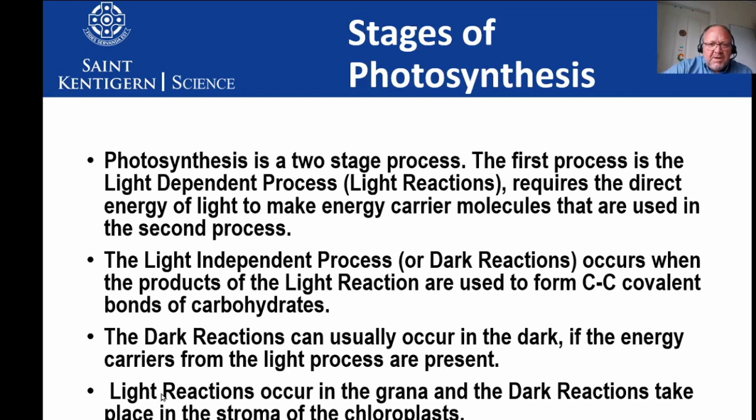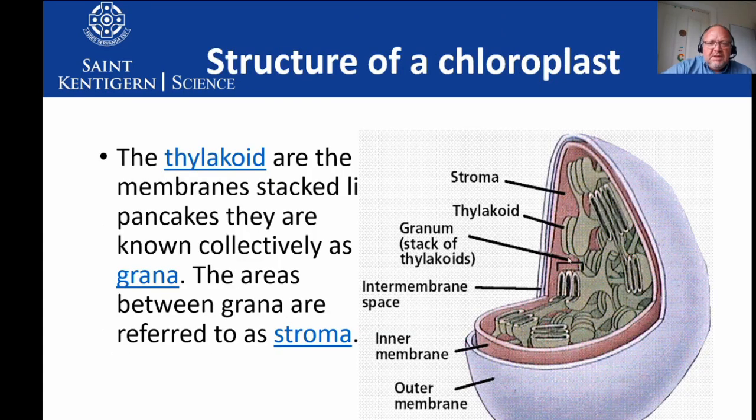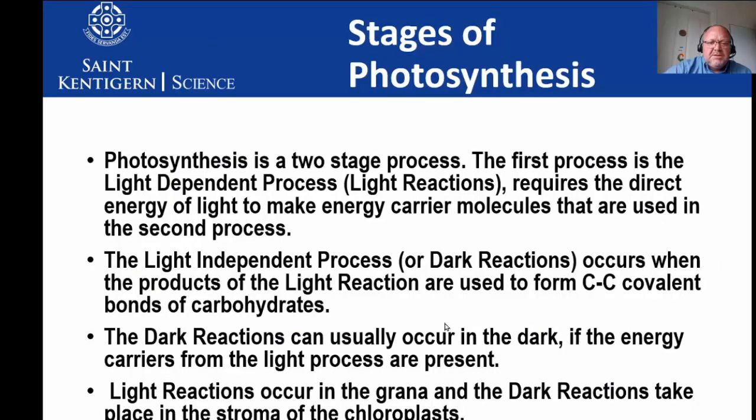Now the first step of photosynthesis, as we said, is the light dependent reaction. The light dependent reactions occur in the grana of the chloroplast. So on that membrane of the thylakoid in those pancake stacks is where the light dependent process takes place. Then from there, the products will go into the light independent process, and that happens in the stroma, which is the liquid phase inside your chloroplast.